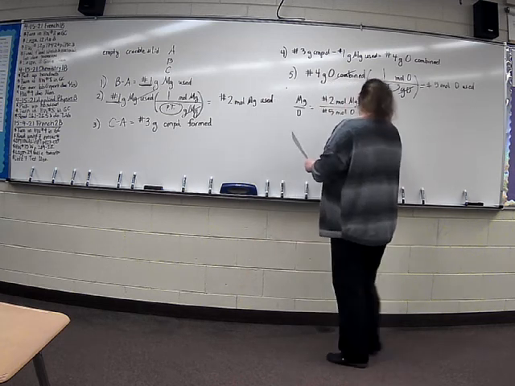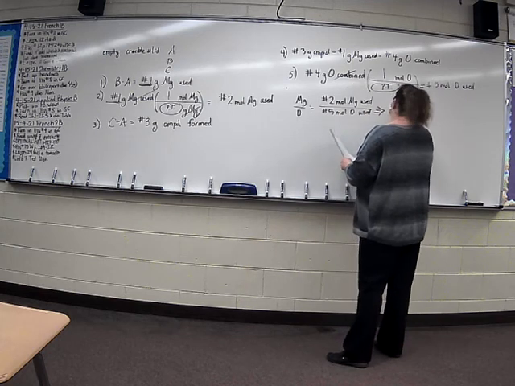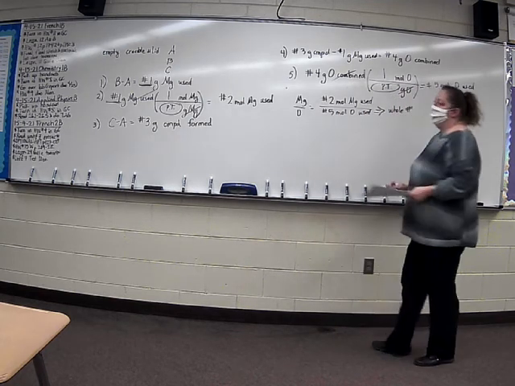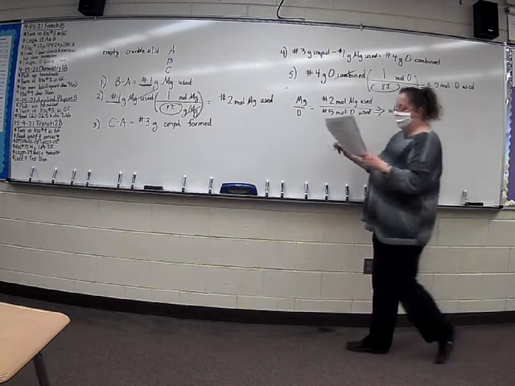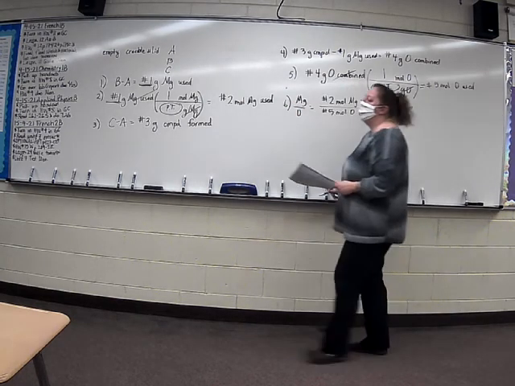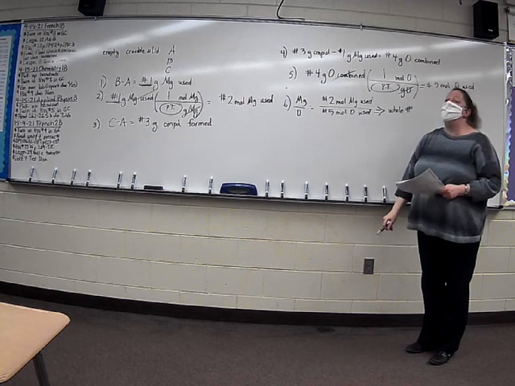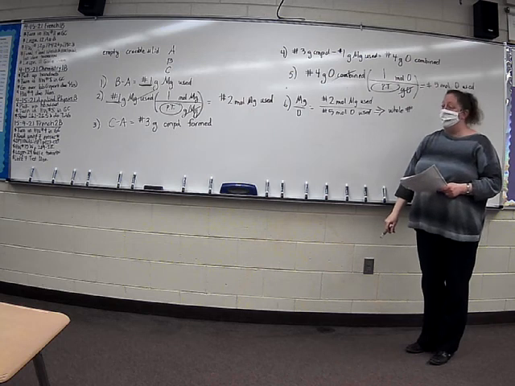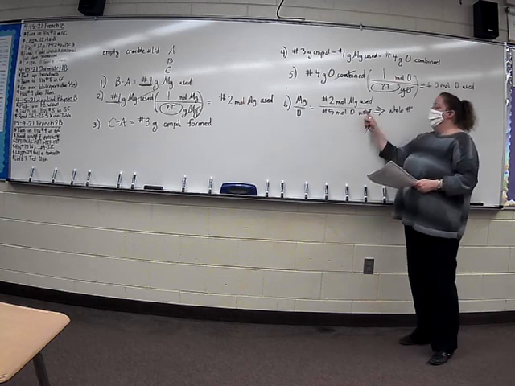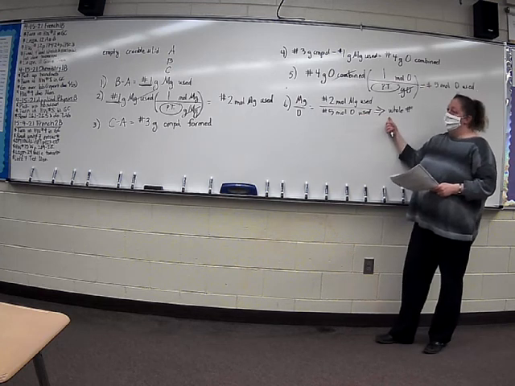And the idea is that this should be a whole number. Now, remember I mentioned, this is for number 6, that this is definitely not the best lab in the world. Very rarely does this give you a nice whole number.